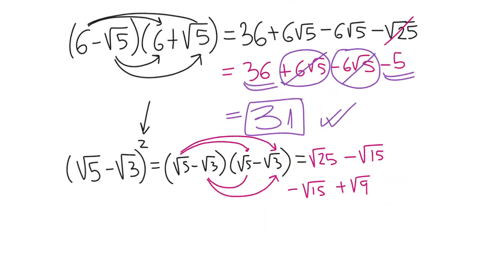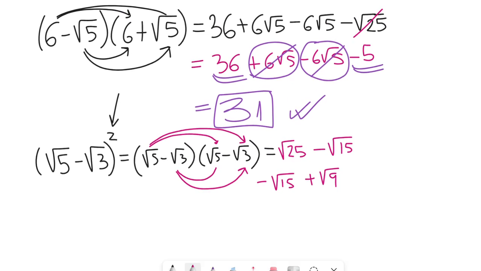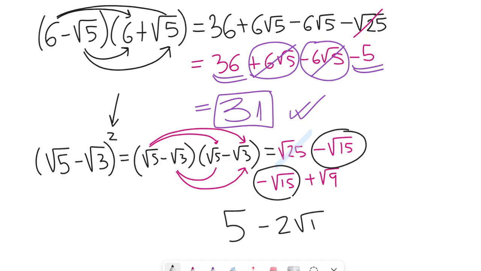All right, what do we know here, guys? We know that square root of 25 is 5. Negative square root of 15 and negative one more square root of 15 will give us negative 2 square roots of 15. Plus, we know that square root of 9 is equal to 3.